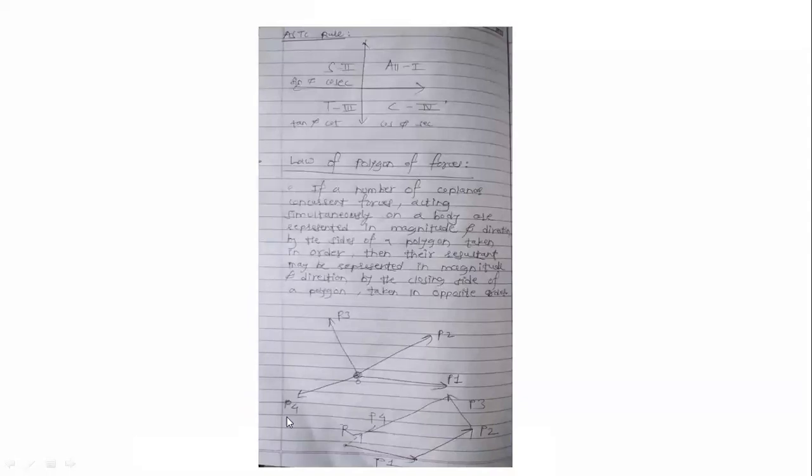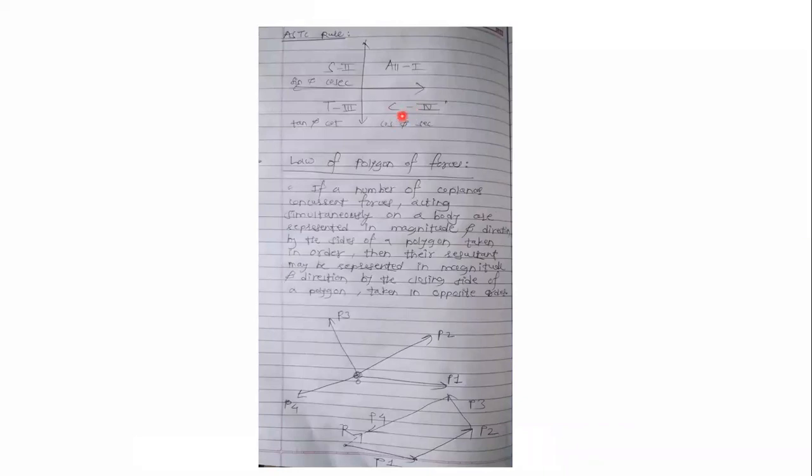ASTC rule. This is also one of the important rules from geometry. Basically, this has been taken from geometry, and you might have studied it in your 11th and 12th. Okay, so ASTC means all sine tan cos rule.